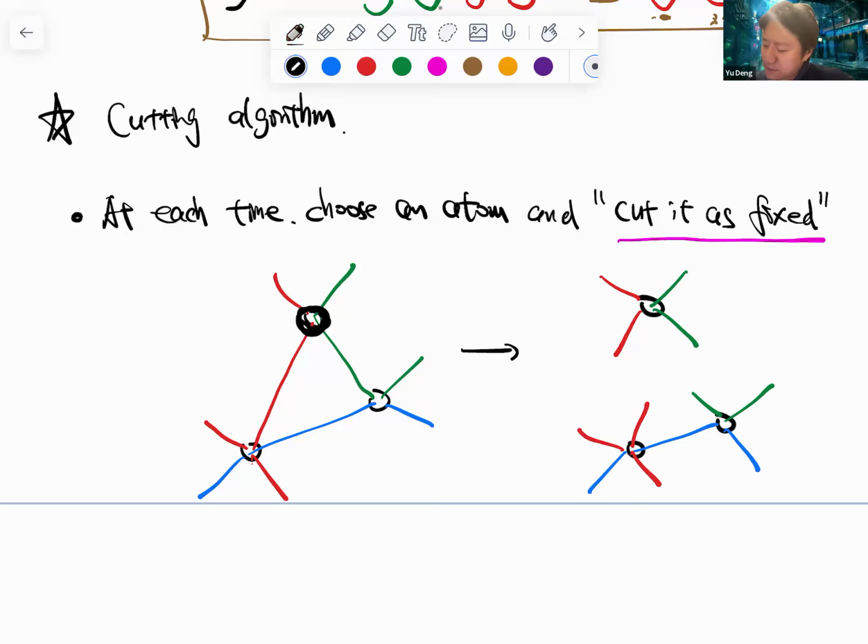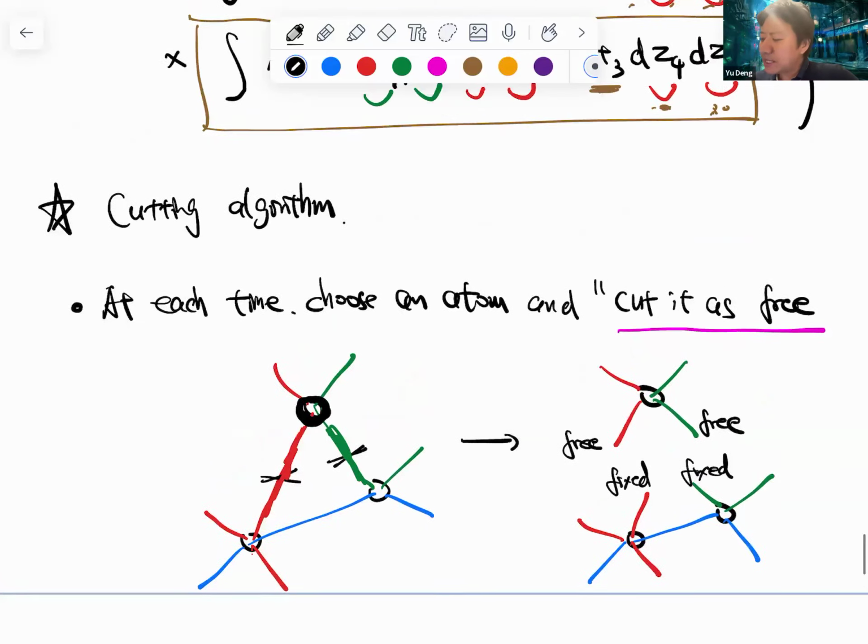Imagine you have a pair of scissors that you cut your molecule, your diagram, along these two edges associated with this atom. Then you're going to turn it into these two pictures, and then we cut it free. Sorry, we cannot cut it fixed. We cut it free. When cut is free, that means we are setting these as so-called free. Each of these edges, this edge and this edge, is cut into one free, one fixed, and this is fixed. This is fixed.